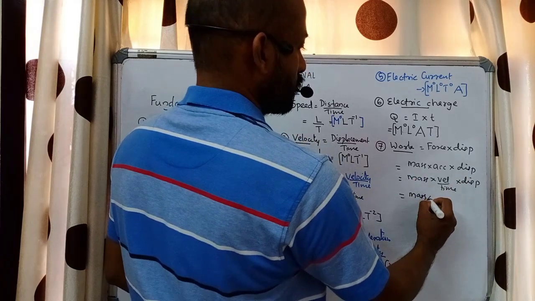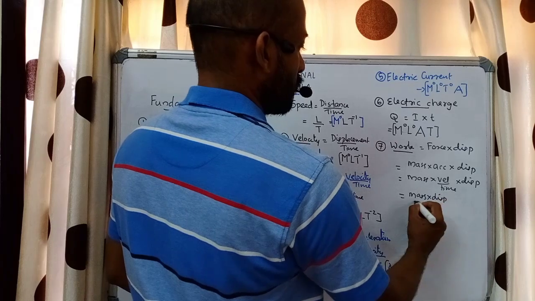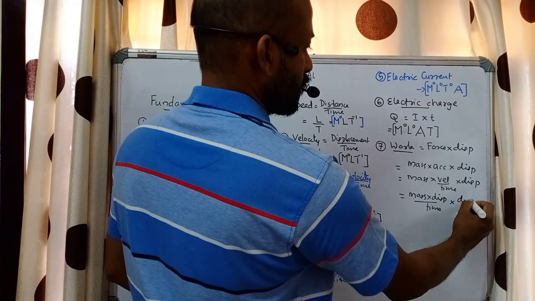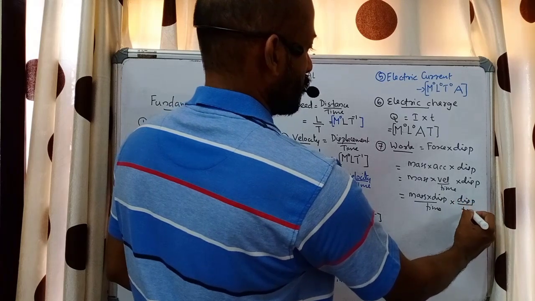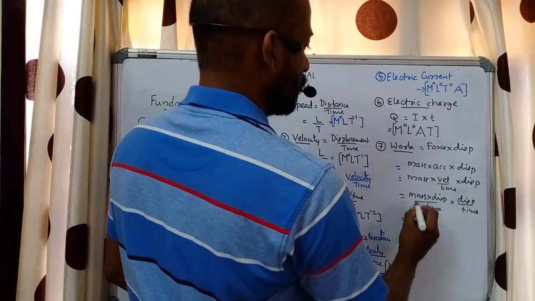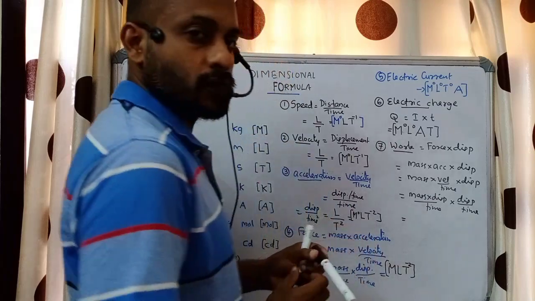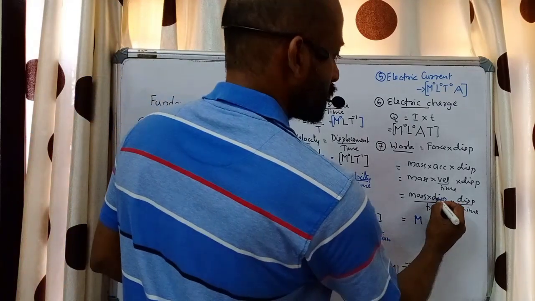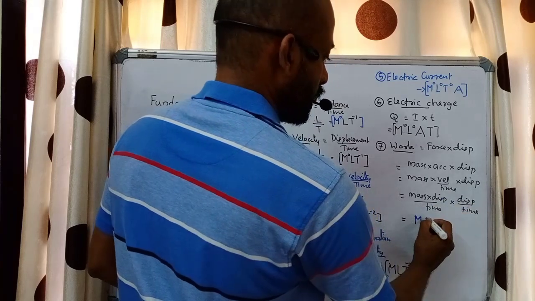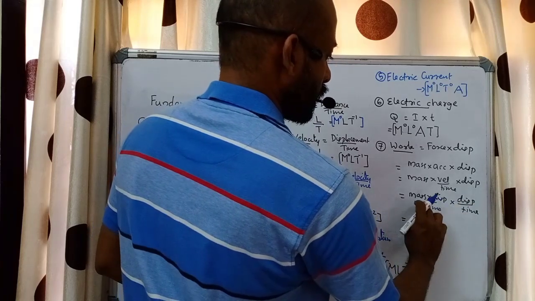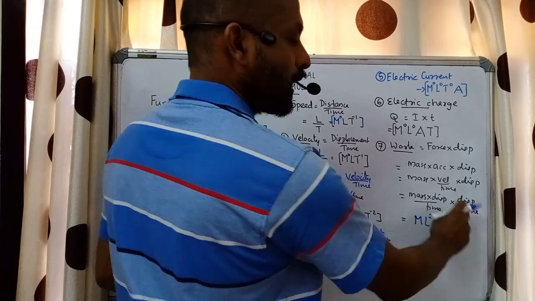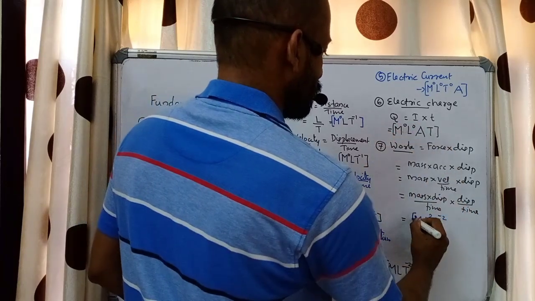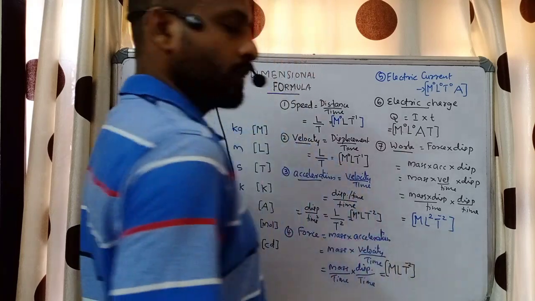Mass into displacement divided by time. Then velocity is equal to displacement by time. Now we can write the symbols. For mass we have capital M. Then displacement into displacement, dimension formula is L square. In the denominator we have time into time, time square. When it comes up, dimension formula is T raised to minus 2. This is the dimension formula of work.